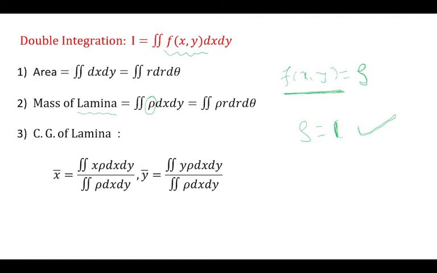Then, since abscissa is x, rho is equal to x square. Sometimes it is given that the density is the sum of abscissa and ordinate, then rho is x plus y, because in the coordinates x comma y, x is abscissa and y is ordinate. So generally the density is given in terms of x and y.